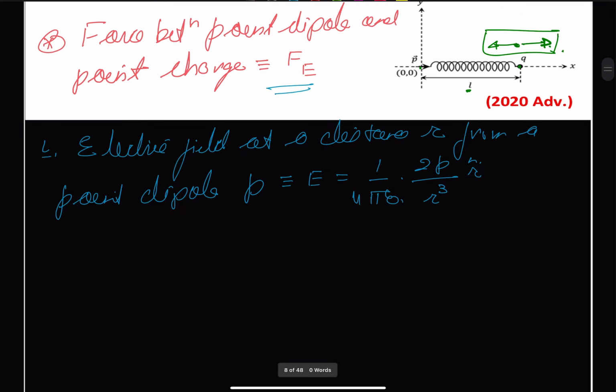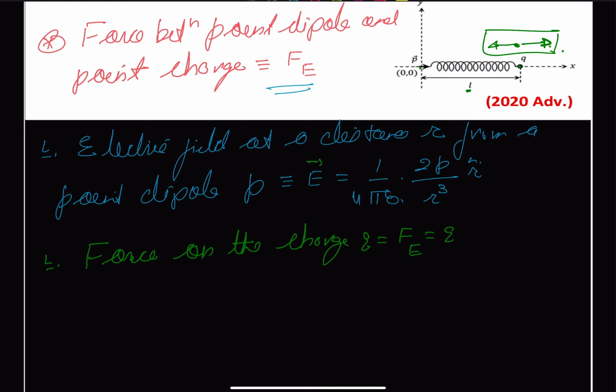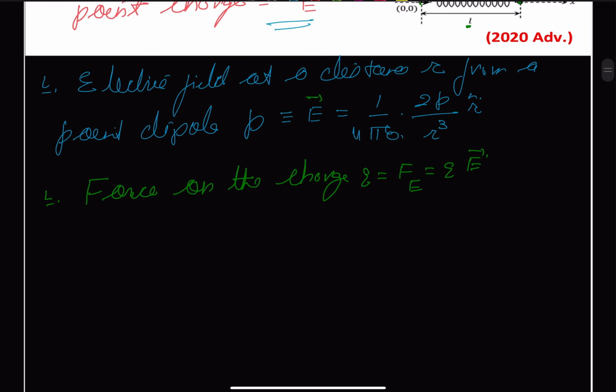So therefore we can find the force now. The force on the charge Q, which we just called Fe, will be equal to Q times the electric field. So we substitute the formula for the electric field.